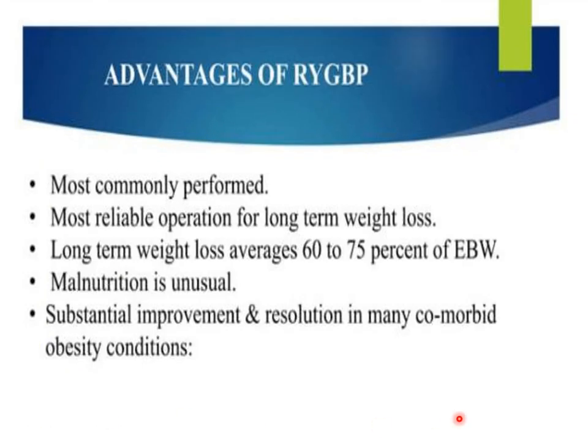Advantages of the Roux-en-Y gastric bypass surgery: it is the most commonly performed and most reliable operation for long-term weight loss. On average, 60 to 75% of the weight will be lost by the surgery. Malnutrition is unusual in this type, and there is substantial improvement and resolution in many comorbid obesity conditions.